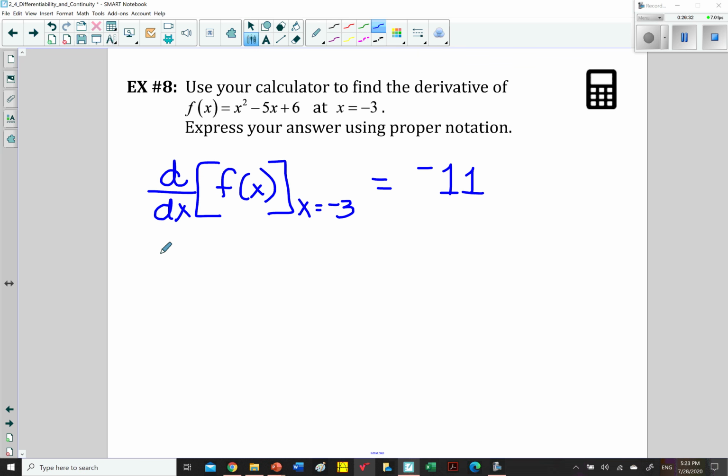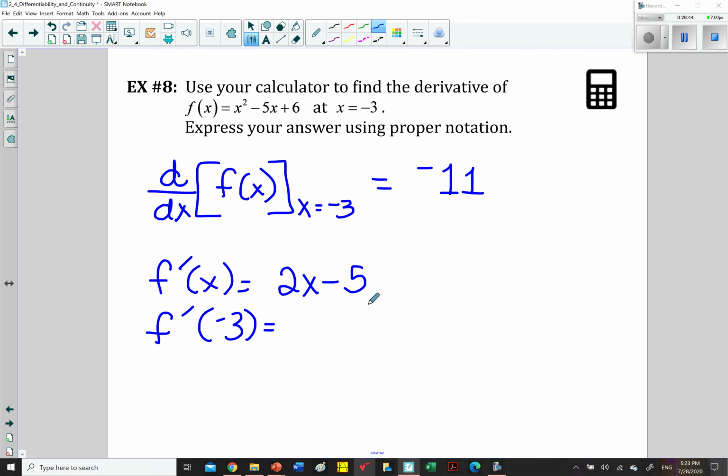So at -3, we're going to find out later on that the plain derivative would be 2x minus 5, and using your calculator, that derivative is -11.